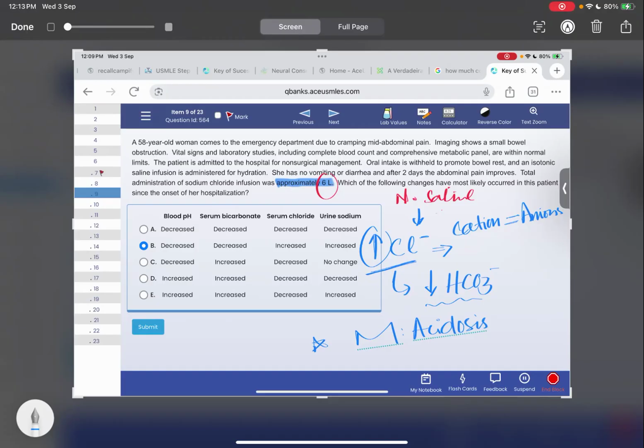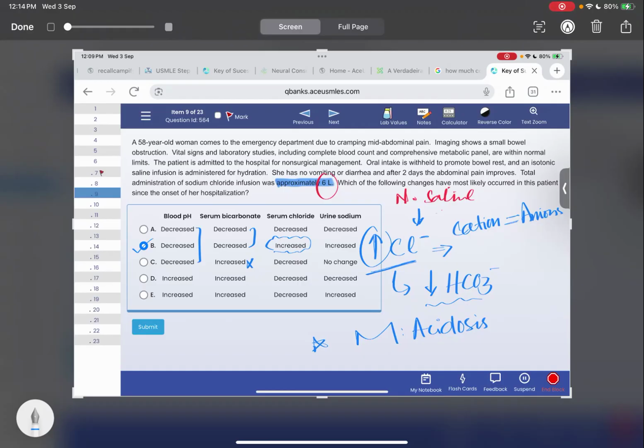Now tell me what will happen to the pH? pH will be decreased. Sodium bicarb is decreased. Serum chloride is increased, a hyperchloremic state. So we have got our question.